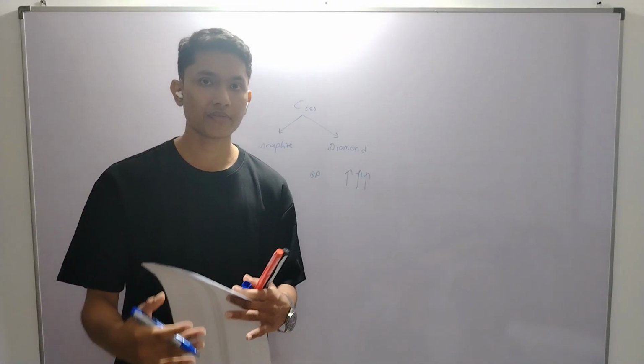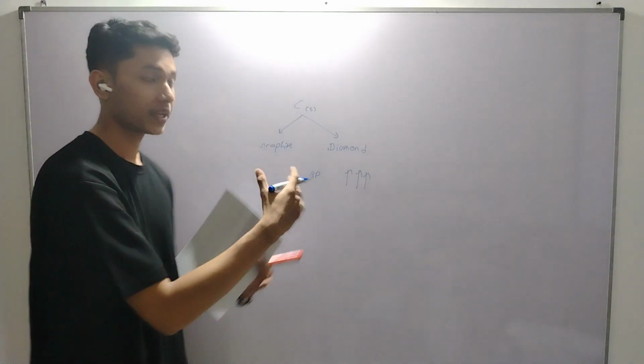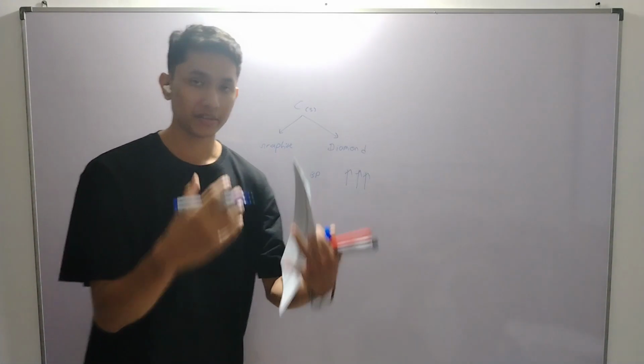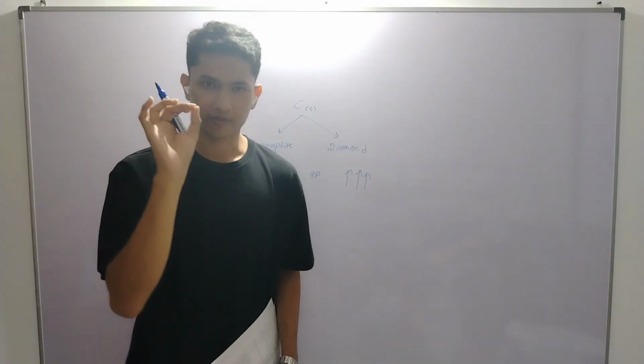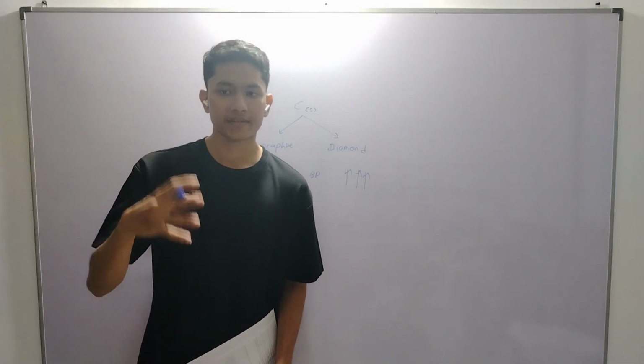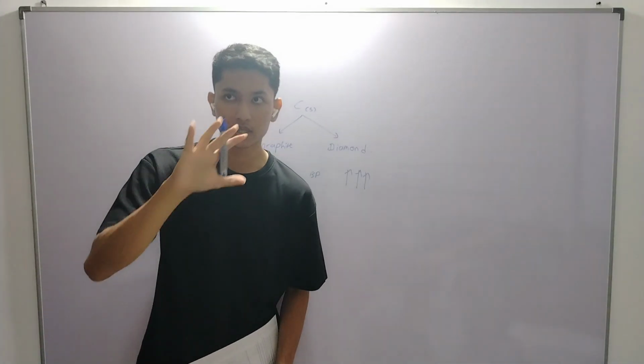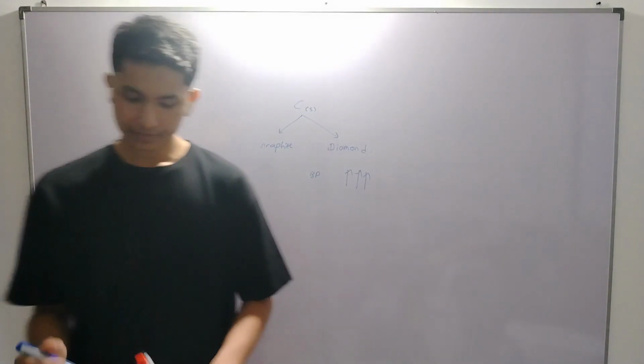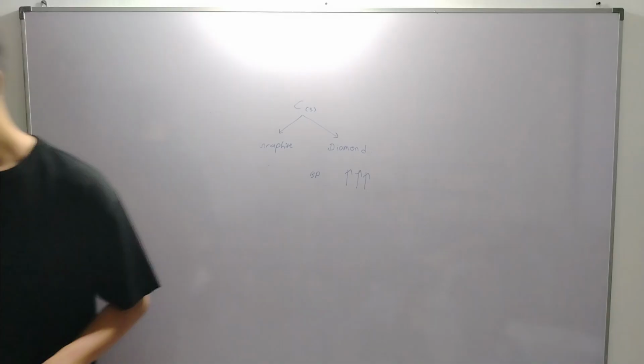But the arrangement is different. Therefore, the properties of the compound differ, okay? So what I'm trying to emphasize here is we mainly have to pay attention to the arrangement of the compounds.